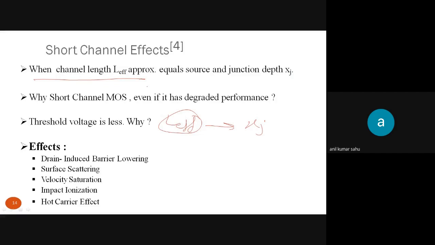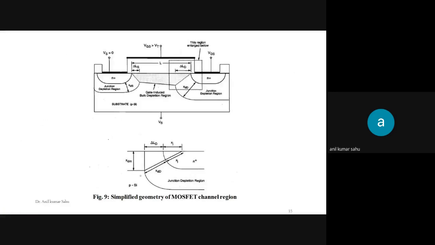So in these short channel effects come drain induced barrier lowering, surface scattering, velocity saturation, impact ionization, and hot carrier effects. All these come under the short channel effect.